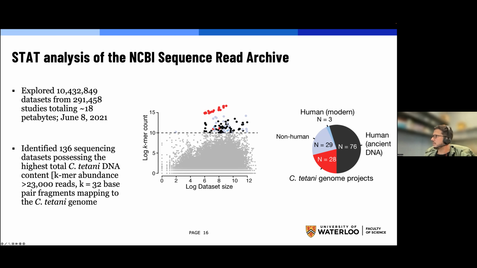These are archaeological samples associated with human bone, tissue and tooth samples, and they had never been analyzed for C. tetani before. So that was not the original intent of these studies.